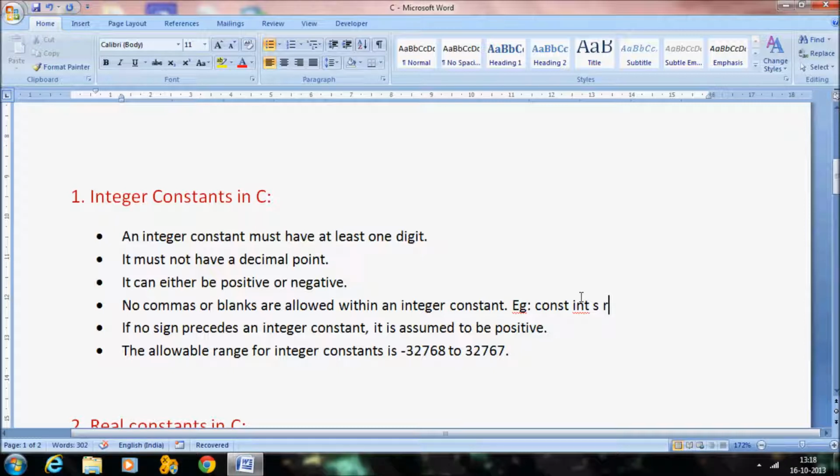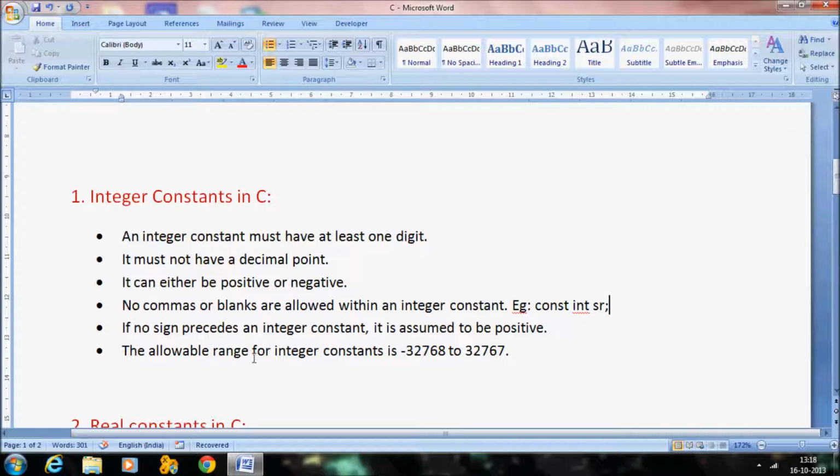There should not be any blank between s and r. It should be together. That's one of the rules to be followed. That is, no commas or blanks are allowed within an integer constant.